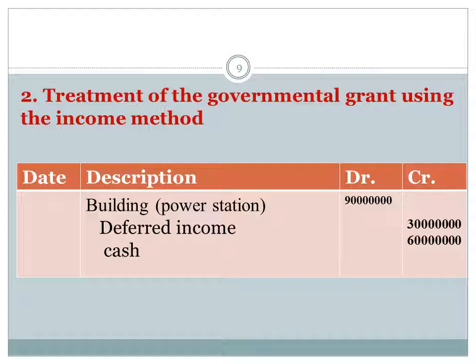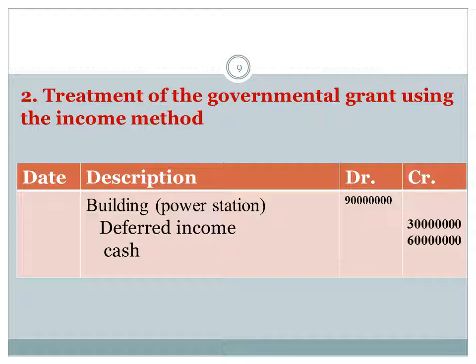2. Treatment of the governmental grant using the income method. In the debit side, power station or building is an asset and it increases, so it will be in the debit side, 90 million. In the credit side, the amount which is paid in cash equals 60 million.